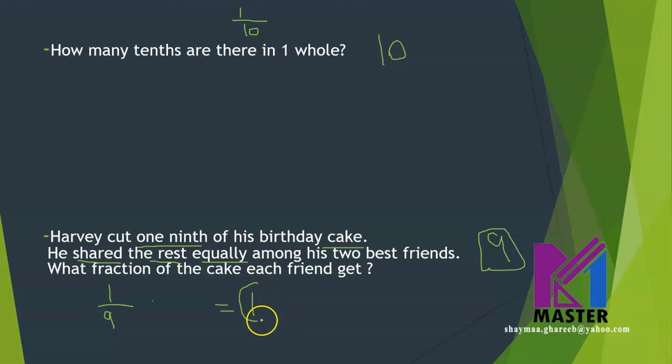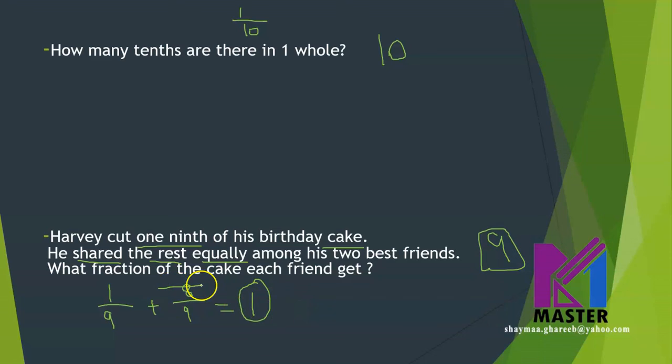I have 1 whole cake. He cut 1 part out of 9 parts, so the rest will be, what do you think? 8 parts out of 9 parts. So 1/9 plus 8/9 makes 1 whole, which is the cake.